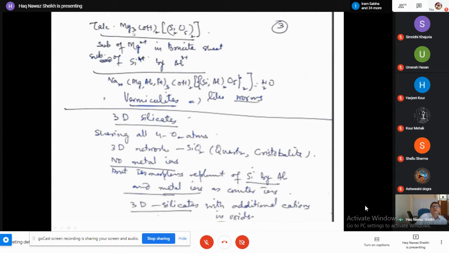So we have talc. This is the formula of talc. Substitution of magnesium in the brucite sheet, magnesium hydroxide being commonly known as brucite, and the substitution of silicon by aluminum. So you do substitution here also and substitution here also. This type of compound has Na, X, a mixture of metals magnesium, aluminum, iron here, then hydroxide, silicon, aluminum here.